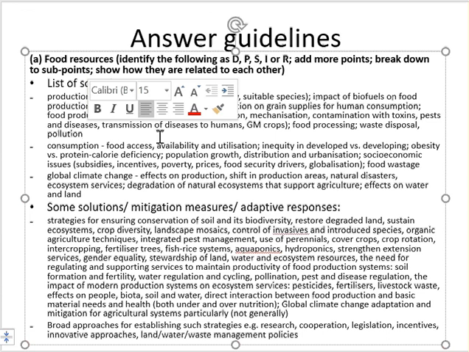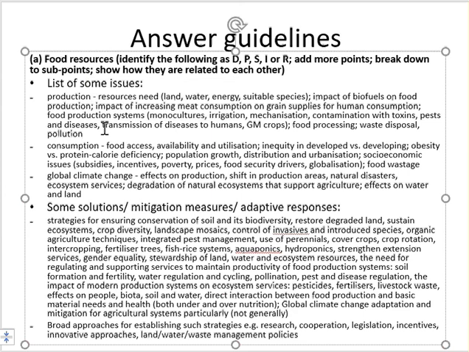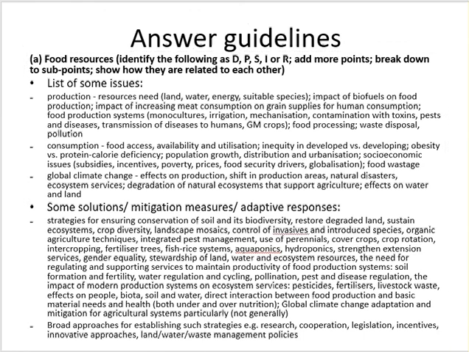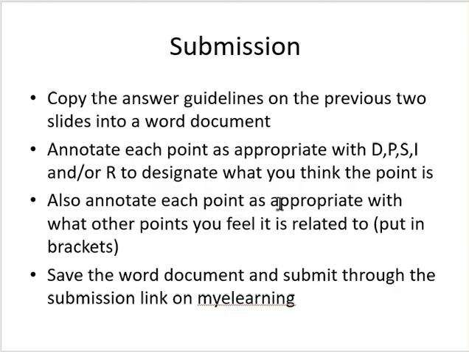All right. Also, I want you to, for each of these bullets, try and decide how some of these bullets are linked. So is production linked to strategies for ensuring conservation of soil, etc.? Okay? So in the end, you will have your submission.